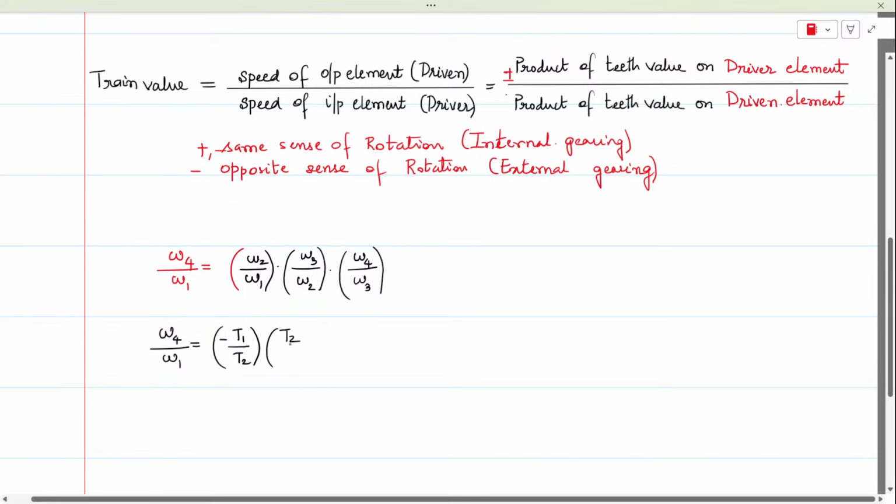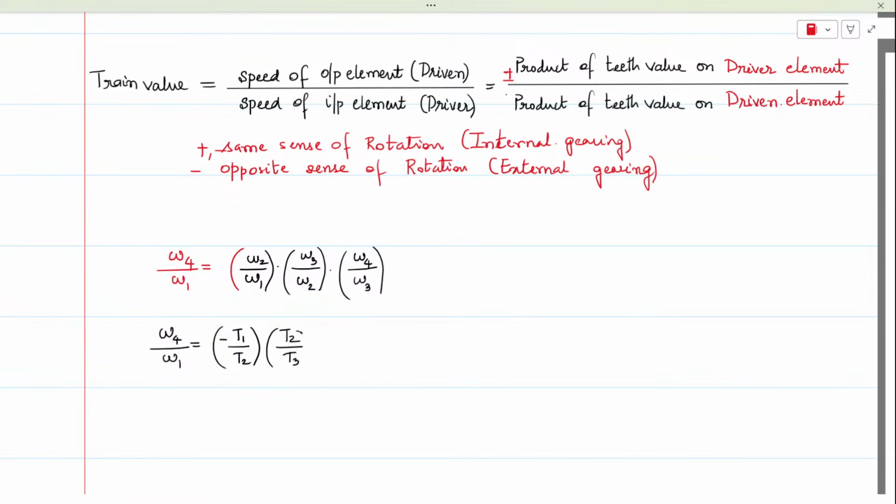Once again it will be replaced with T2 by T3. So 2 goes in the numerator and 3 comes in the denominator. Same way for 4 and 3 it will be negative sign, and omega 3 is in the denominator, T3 will be in the numerator and T4 will be in the denominator. So the end result is omega 4 by omega 1 is equal to minus T1 by T4. This is called the train value.